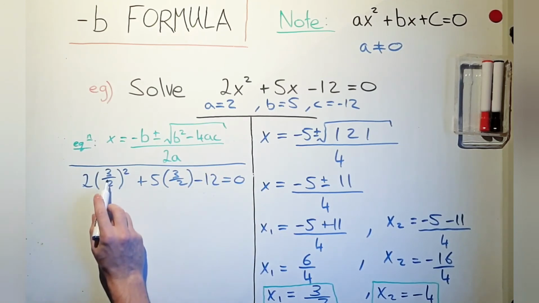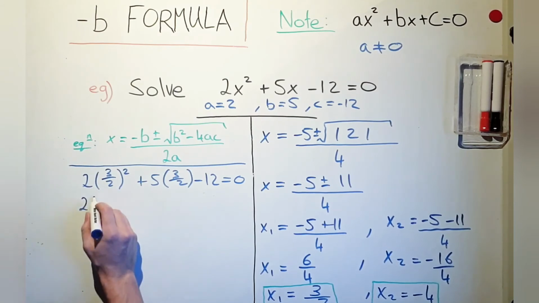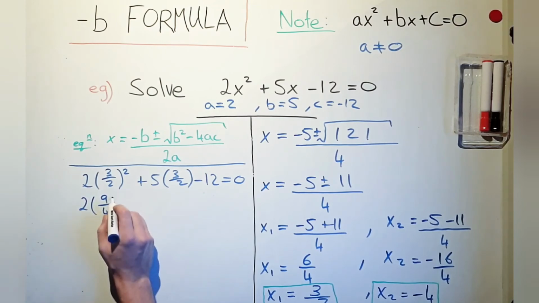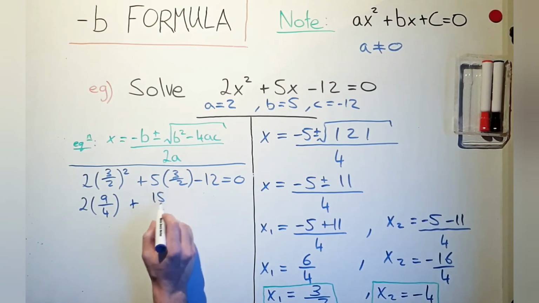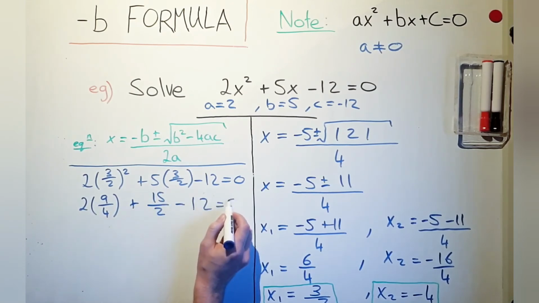Alright, so 3 over 2 squared, that's going to be 2 times 9 over 4, and then that's going to be plus 15 over 2 minus 12 equals 0.